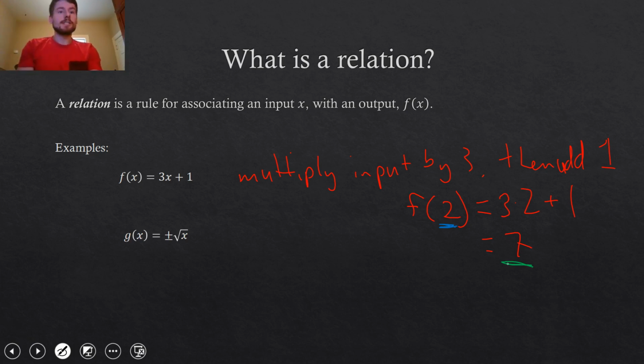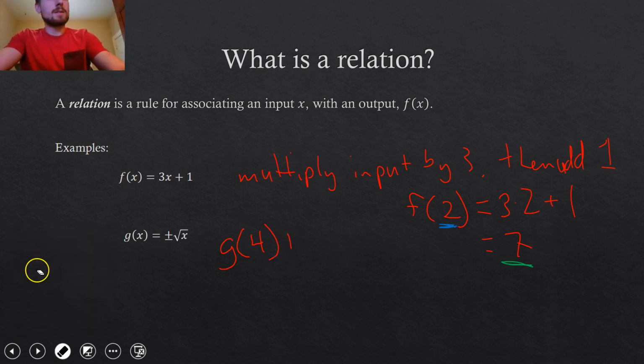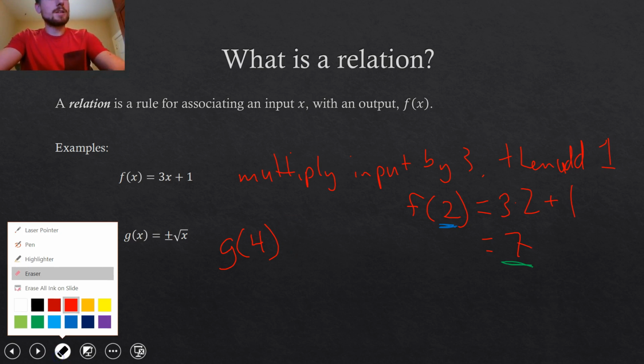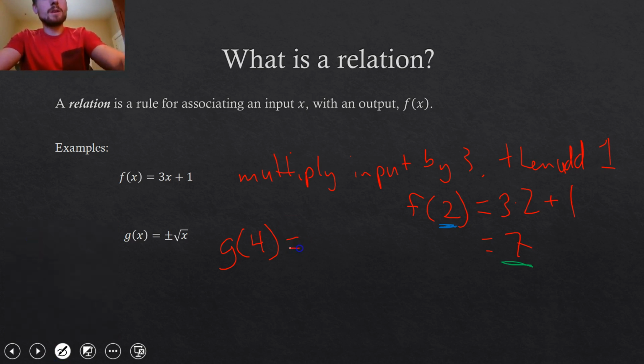Here would be another relation. So let's see what would be associated here now. So let's try g of 4. So this is equal to plus or minus root 4.